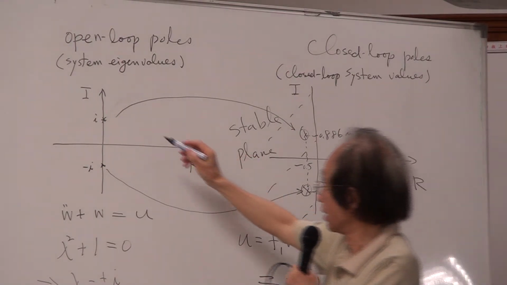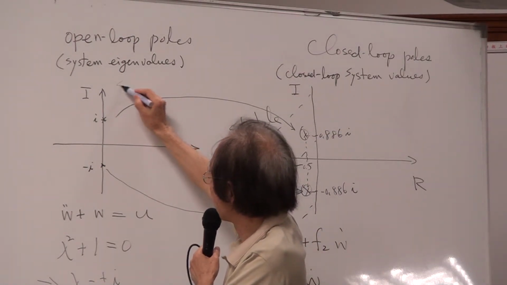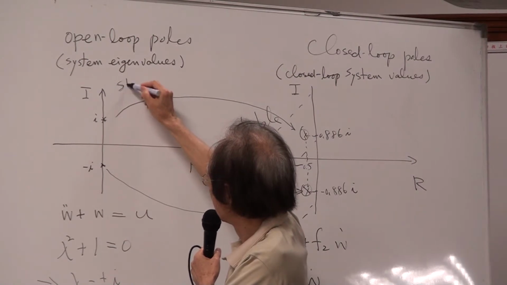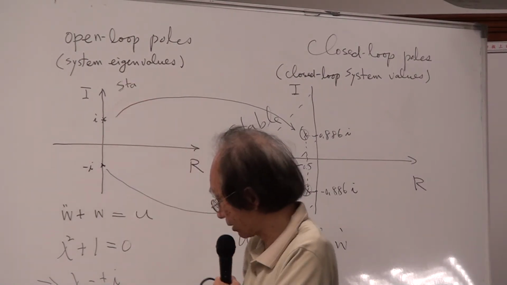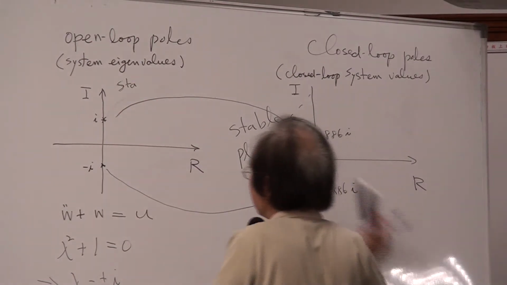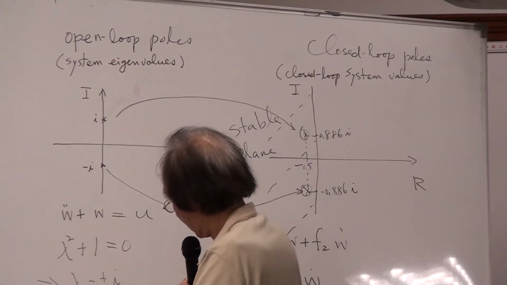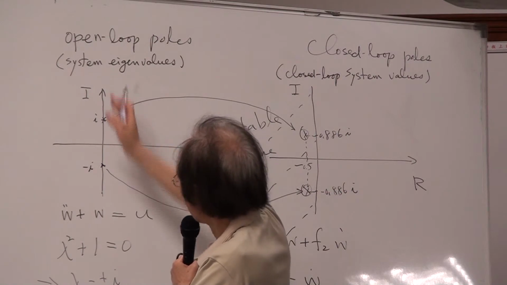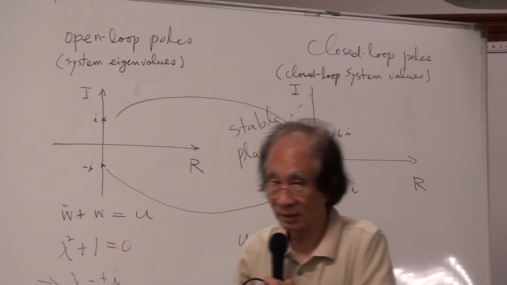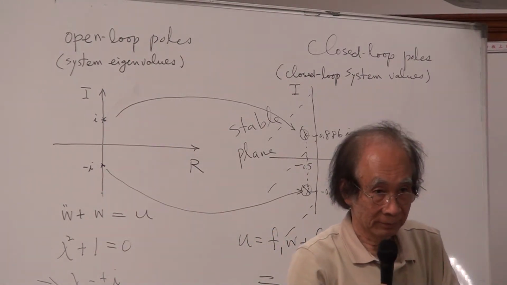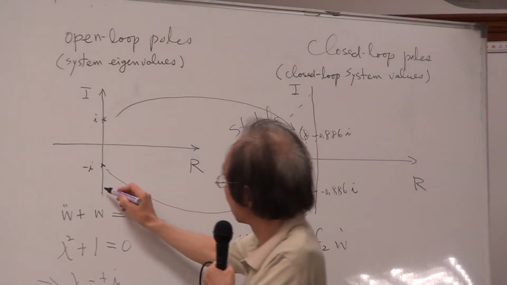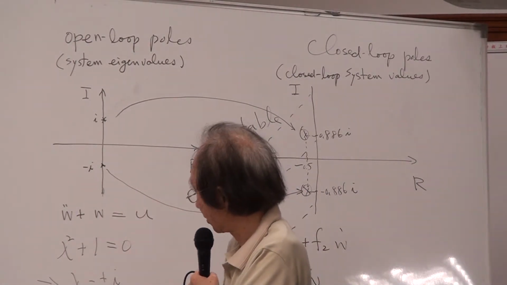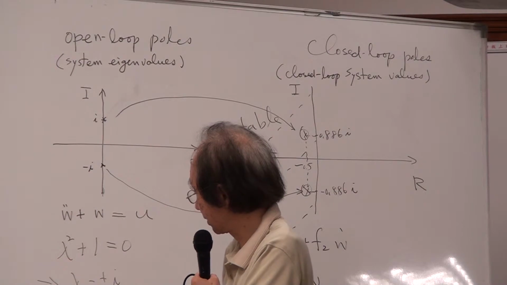This is still stable, but there is no damping. If you have a pole on the imaginary axis, that means there's no damping. Right? So this one, no damping.